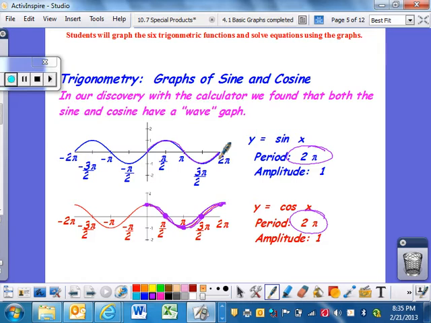Amplitude refers to your range, how stretched out it is. It's going to be from -1 to 1 in both instances, unless the amplitude changes. Amplitude is like the vertical stretch on any graph that you've done since Algebra 2 or in any other class you've had.